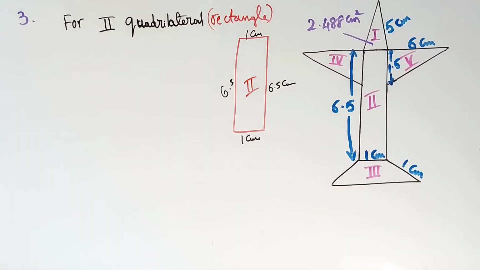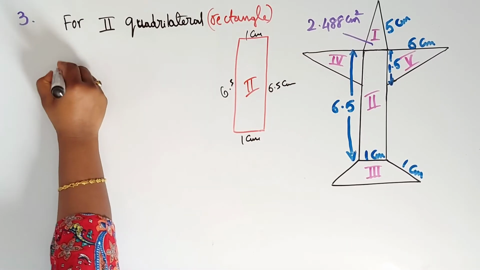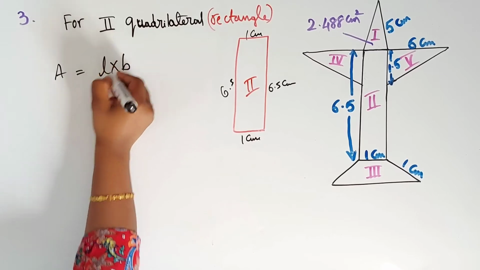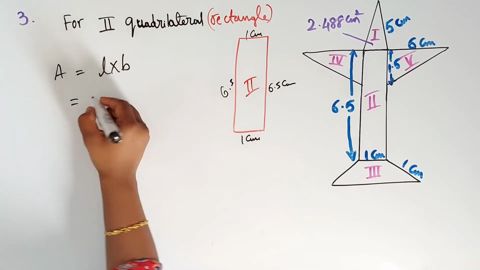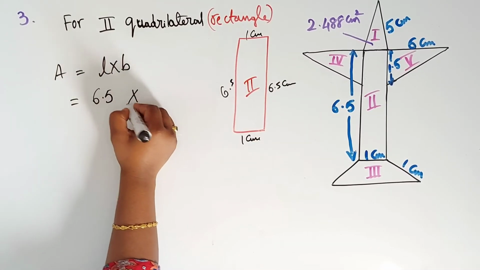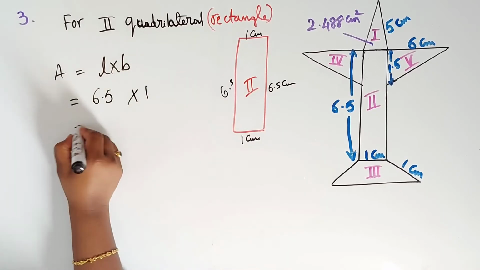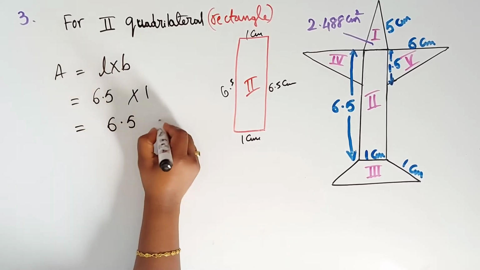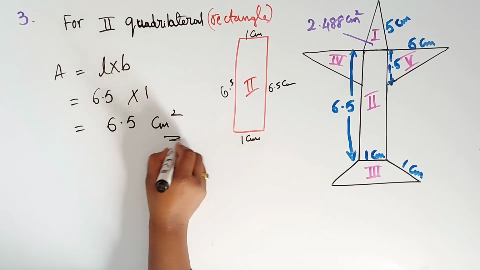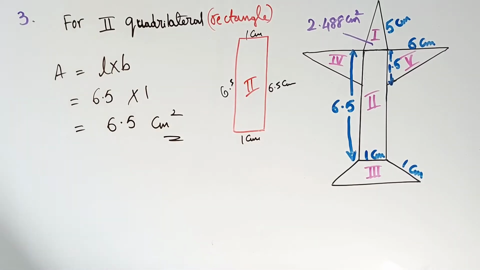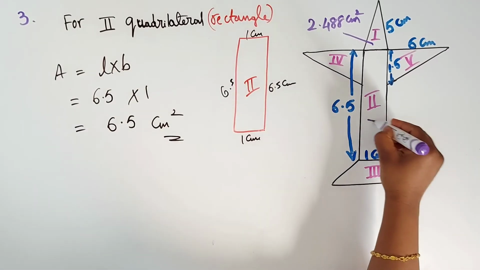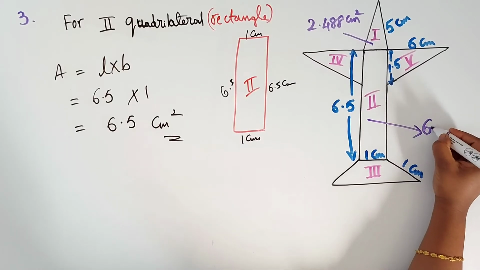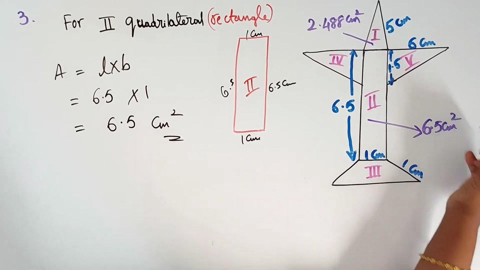We can find out the area of a rectangle by using the L into B formula, children. What is the length here? That is 6.5 centimeters. Breadth is 1 centimeter. That is equal to 6.5 centimeters square. Right, children?